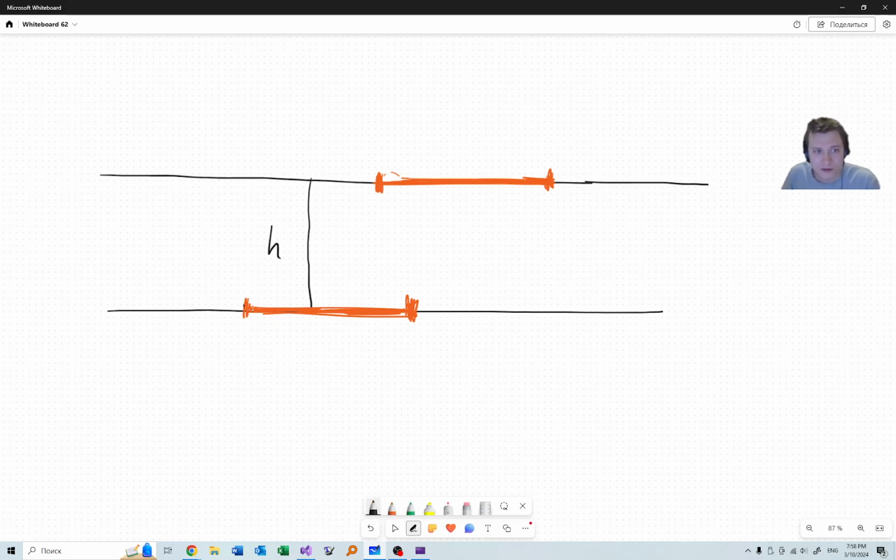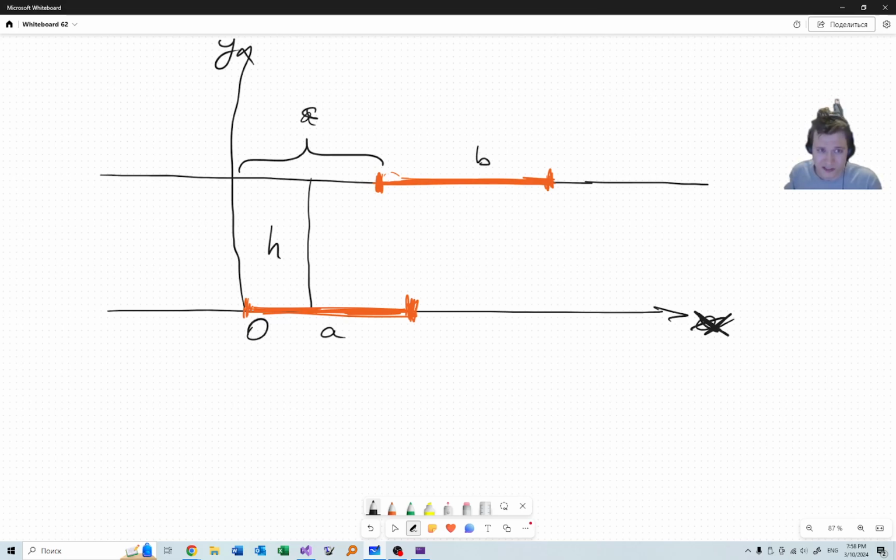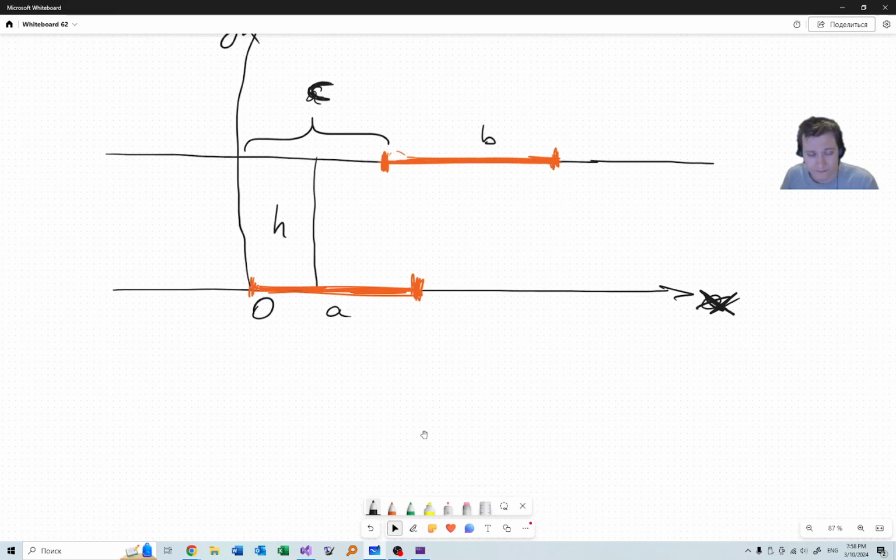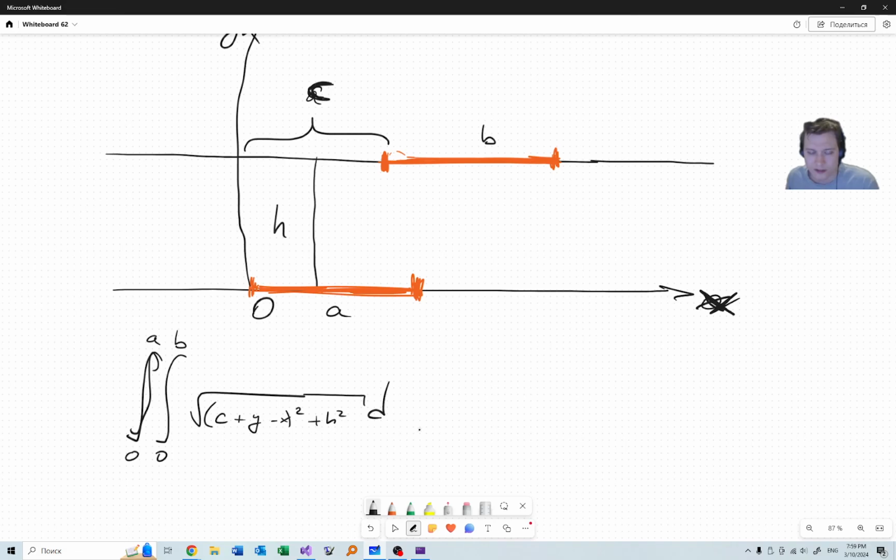So, let's assume that this is 0. This is A, this is B, and this is C. So we have the following integral: from 0 to a and from 0 to b of c plus y minus x, squared plus h squared, dx dy.